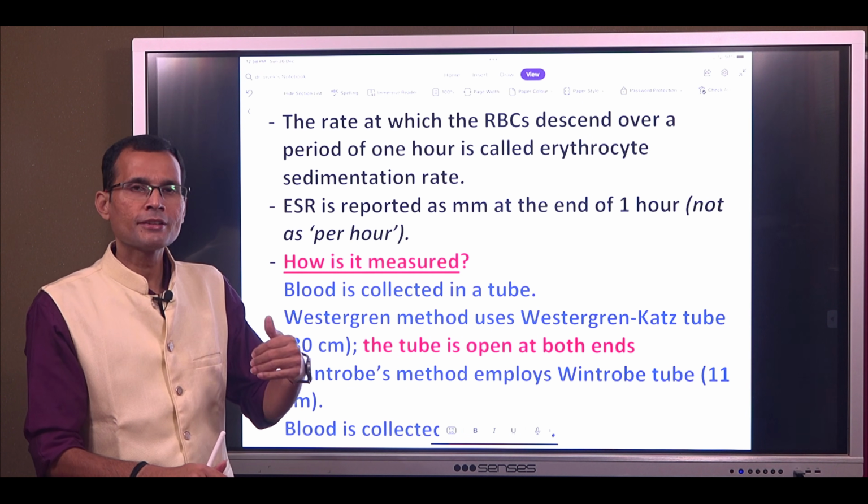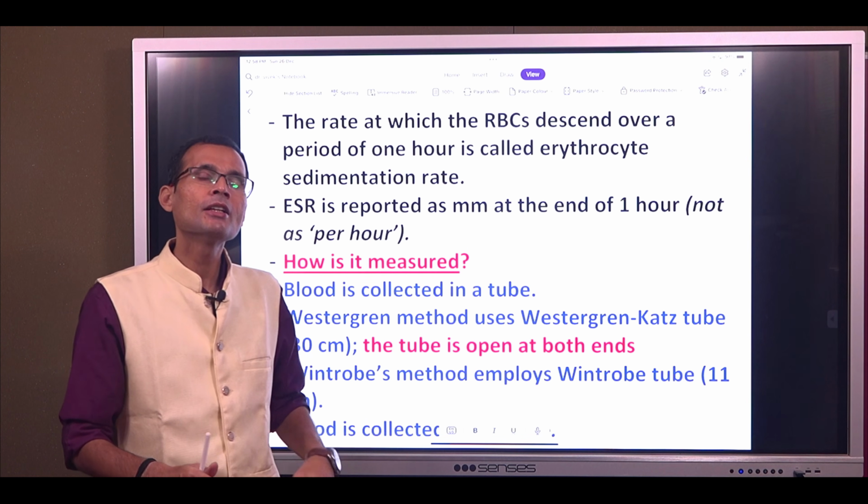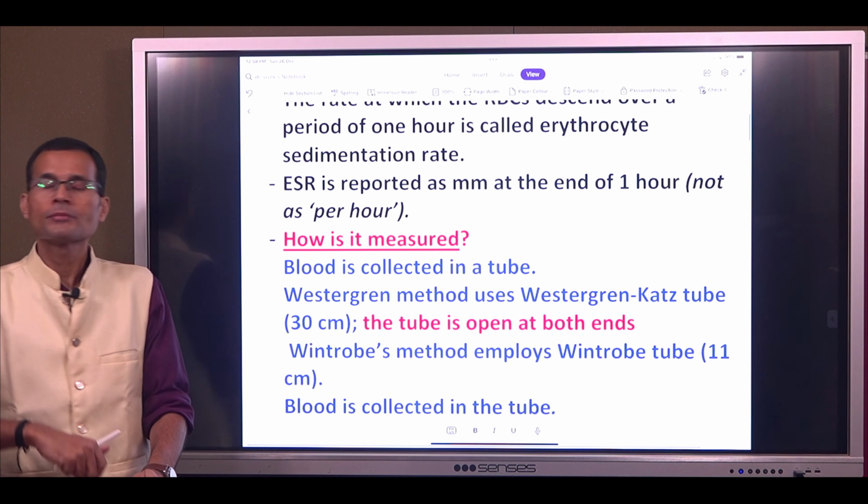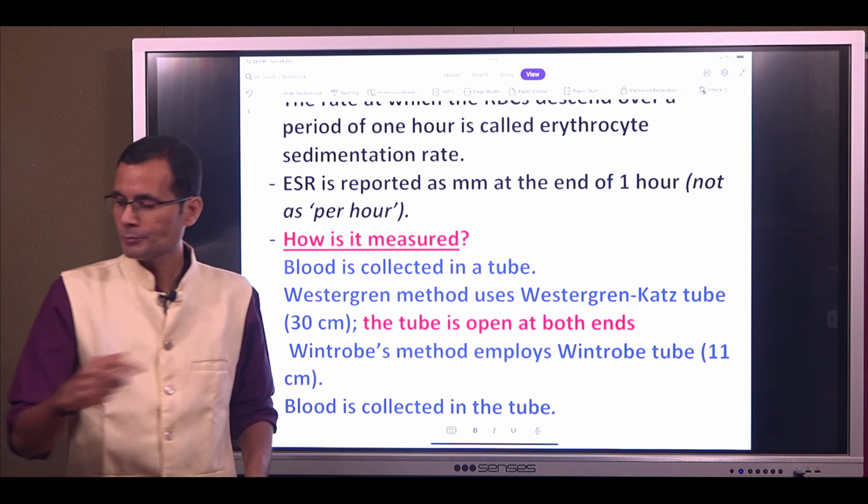Therefore, we cannot say per hour. We should not be saying millimeters per hour. It should be said millimeters at the end of 1 hour.